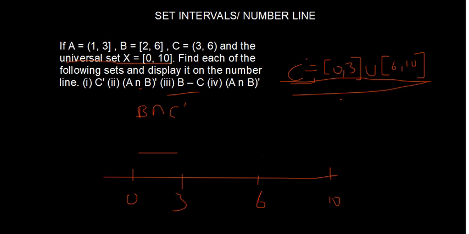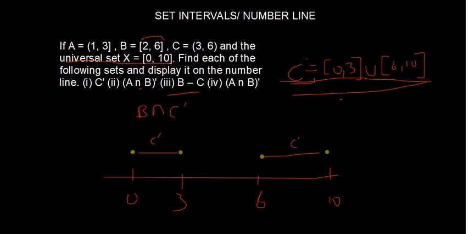And all the endpoints are part of it, so we're going to shade inside. Like that. That is our C complement. Then our B is given in the question to be from 2 to 6.